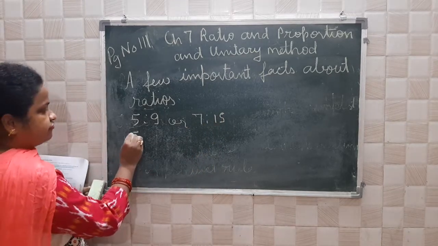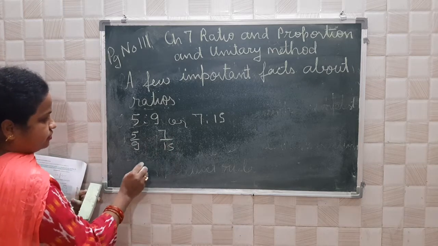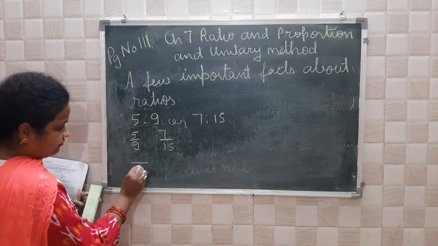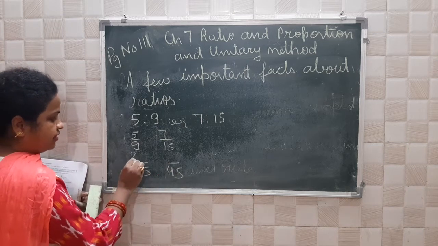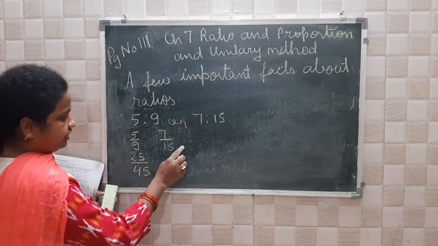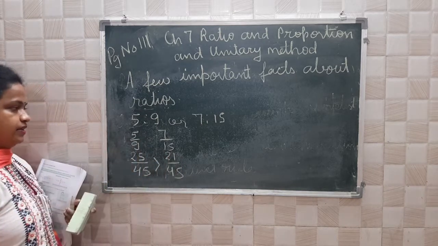So you will write 5/9, 7/15. So the LCM of 9 and 15 will be 45. So 9 5s are 45, the 5 5s are 25. 15 3s are 45, the 7 3s are 21. Which is greater? This one.